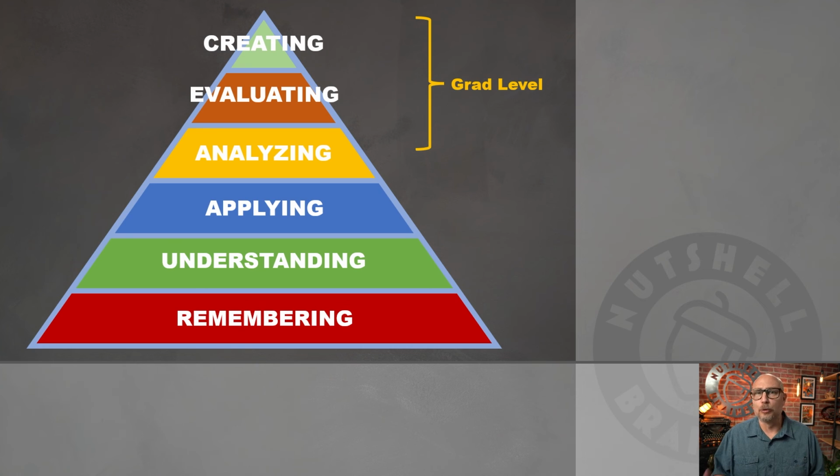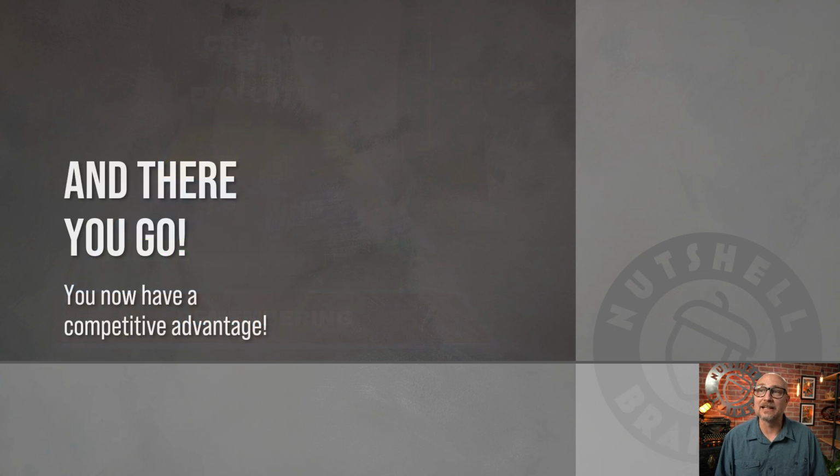So grad school, if you're working on a master's, or definitely if you're working on a PhD or something like that. But a master's level program is going to be really, really focused in analyzing, evaluating, and creating. Your master's thesis, your PhD dissertation, these are all around creating, synthesizing new theories and new understanding.